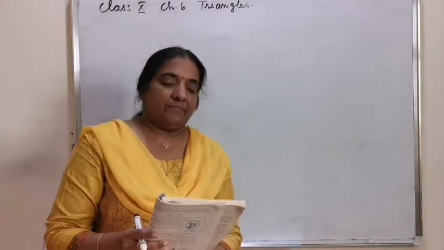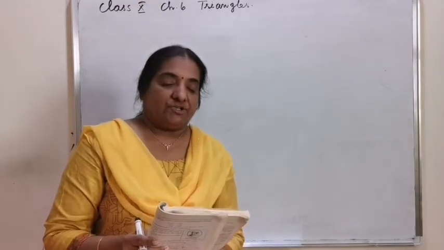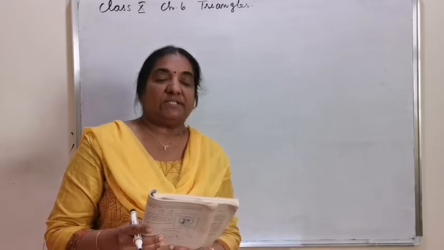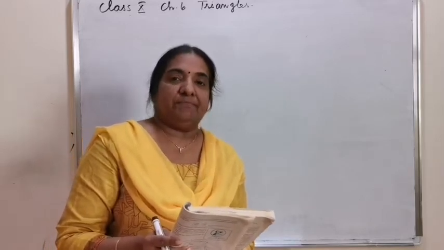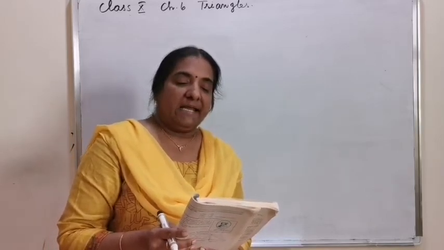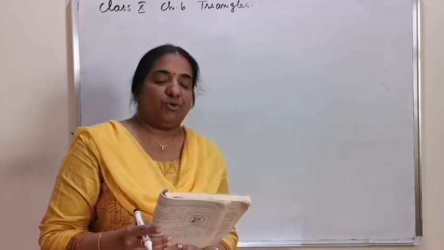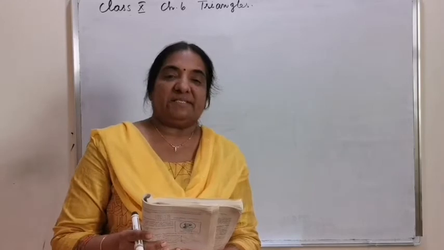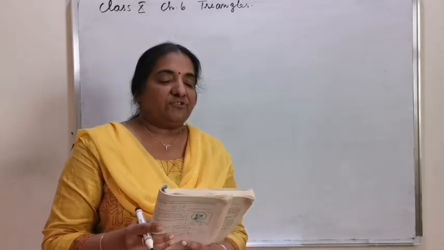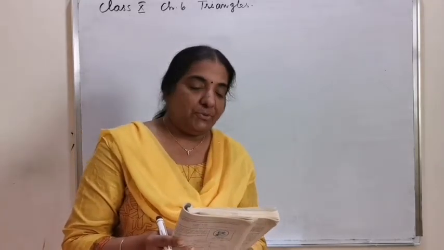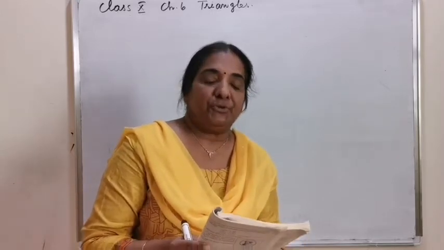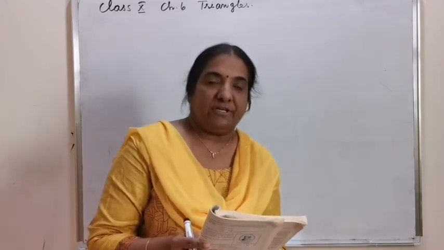Question 3. In the figure, triangle ABC and triangle DBC are two triangles on the same base BC. If AD intersects BC at O, show that area of triangle ABC by area of triangle DBC is equal to AO by DO. Let's draw the figure.